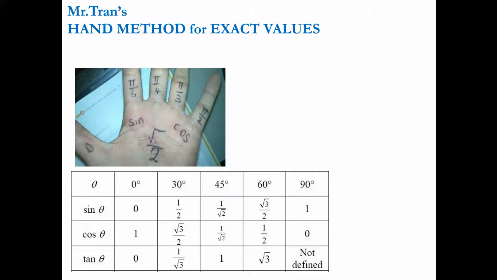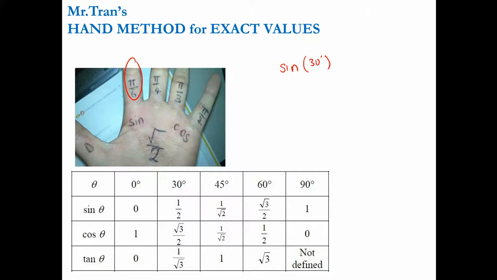Now, how does it work? This formula will work like this. If I want to find, let's say, sine of 30 degrees, I'm going to drop down the finger that represents 30 degrees. In the picture, that's my index finger, so I'm going to drop that one down. When I drop that down, remember sine represents the number of fingers on the left-hand side of this finger that's dropped down.